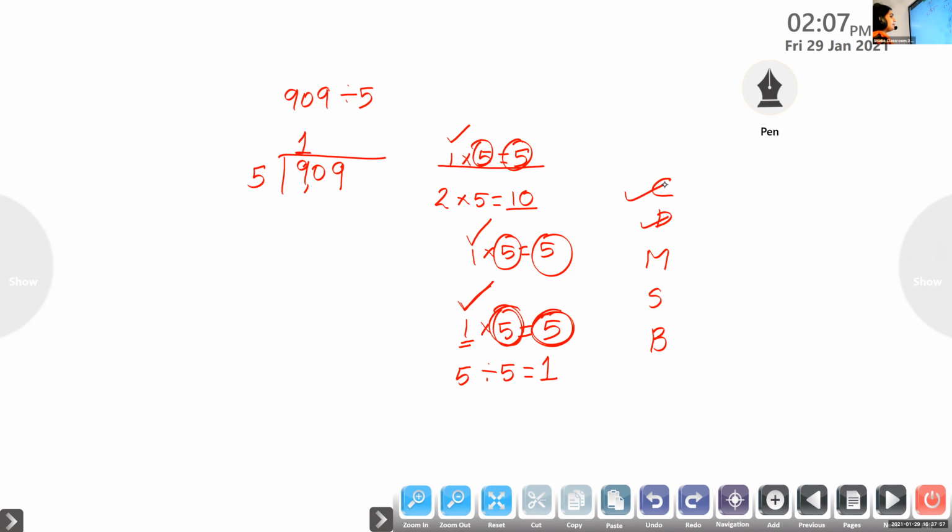What is the next step? Multiplication. So you can multiply 1 and 5. 1 into 5 is 5. Now 9 minus 5, what will you get? Take 9 fingers. Close 5 fingers.